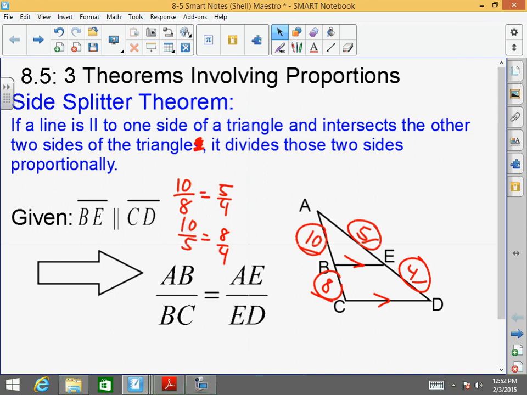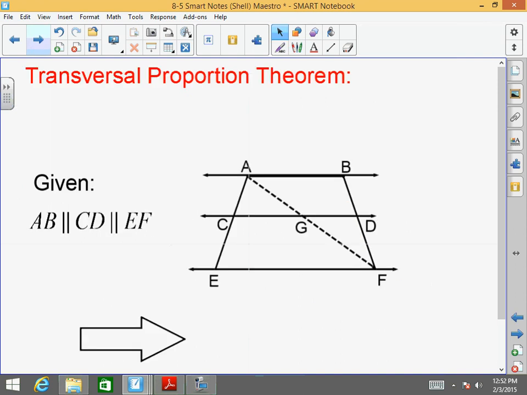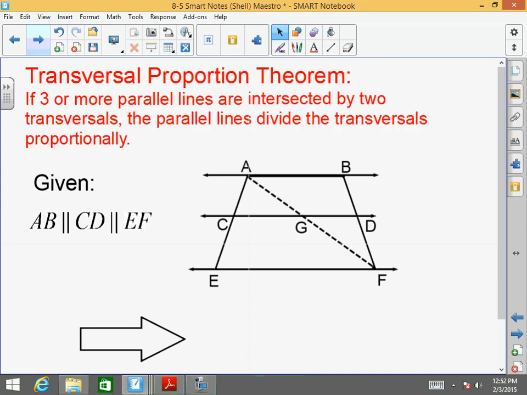Okay. Let's move on. The transversal proportions theorem. The transversal proportion theorem states this. If three or more parallel lines are intersected by two transversals, the parallel lines divide the transversals proportionately.